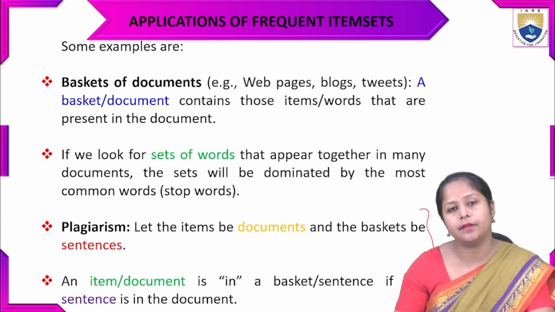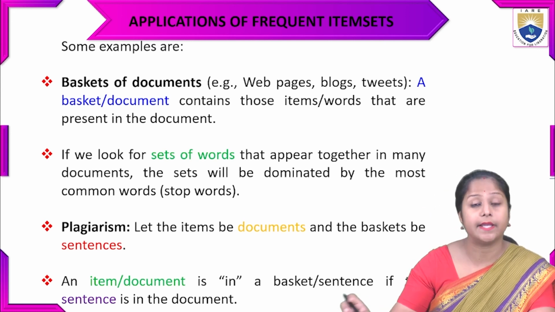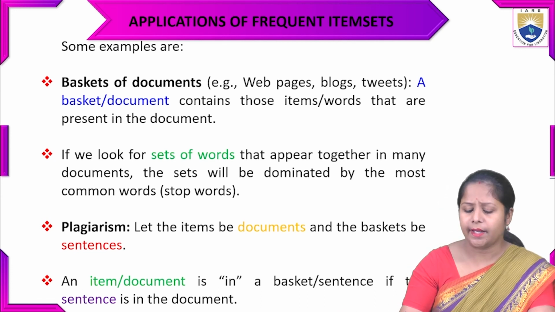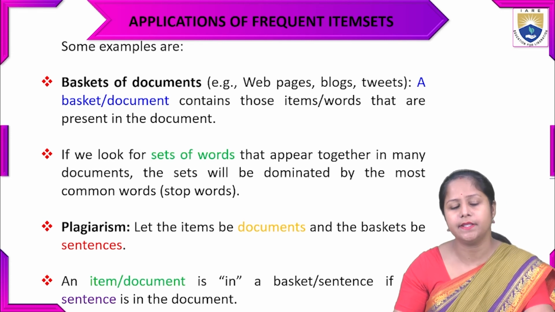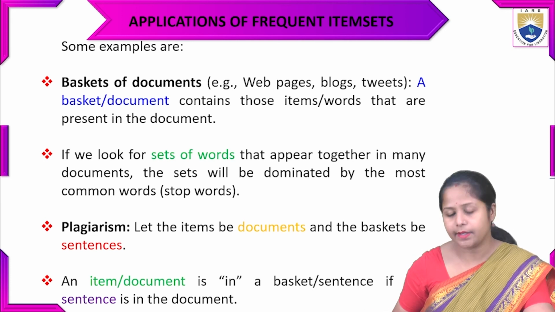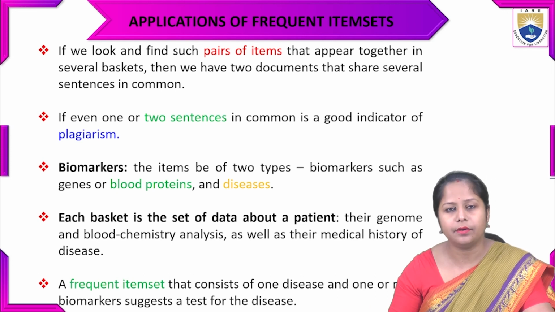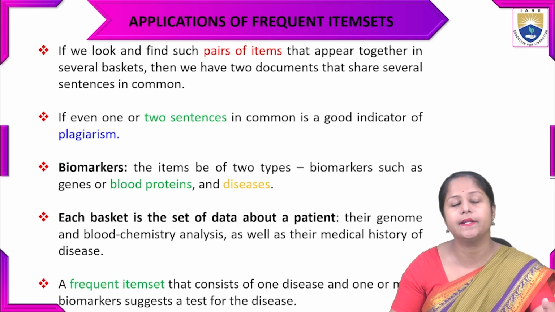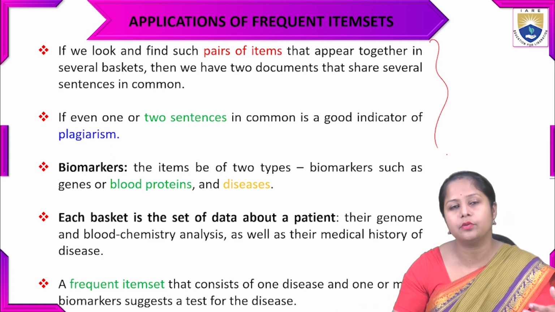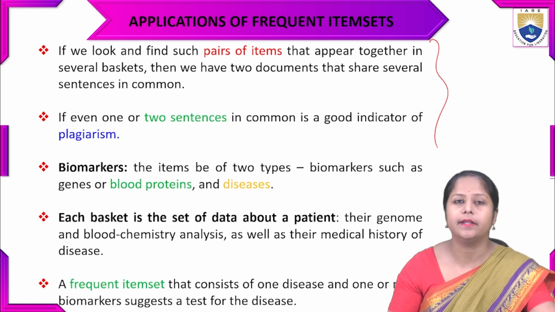For plagiarism, the item is the document and the basket is the sentences. An item, a document, is in a basket, a sentence, if the sentence is in that document. We look for pairs of items, documents, that occur together in several baskets.